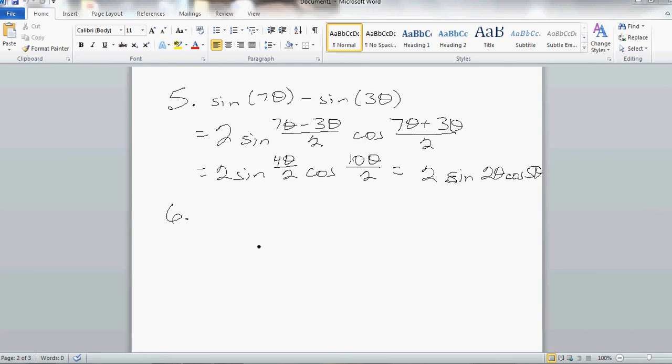Example number 6. The sine of 6 theta minus the sine of 4 theta.